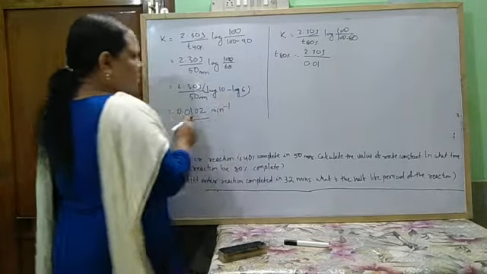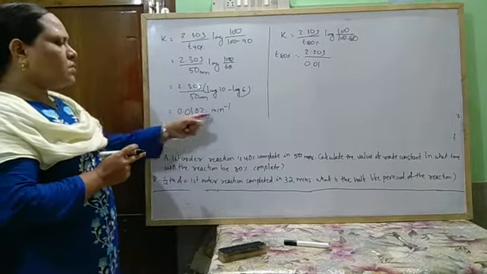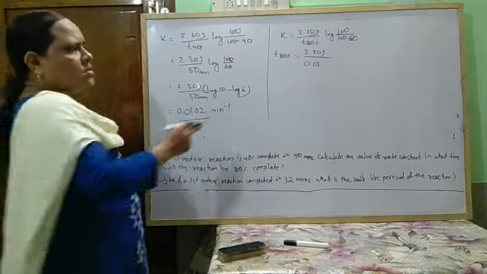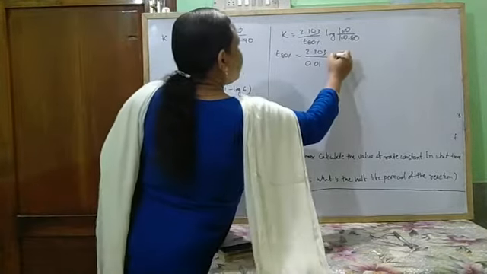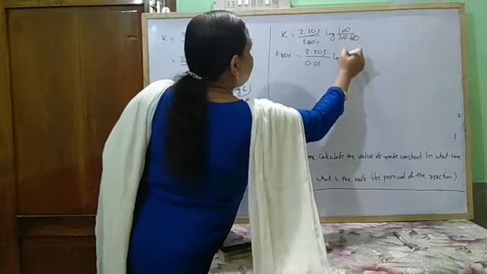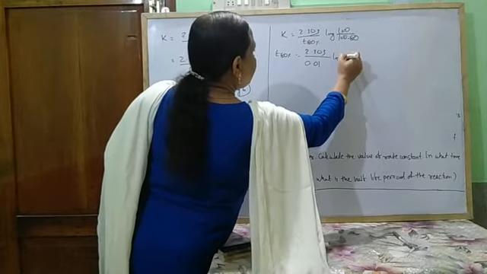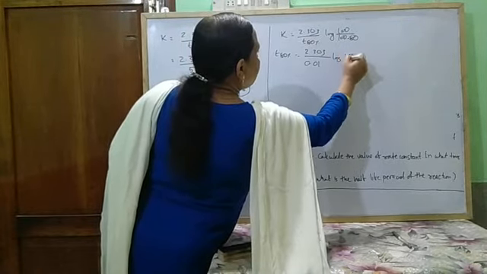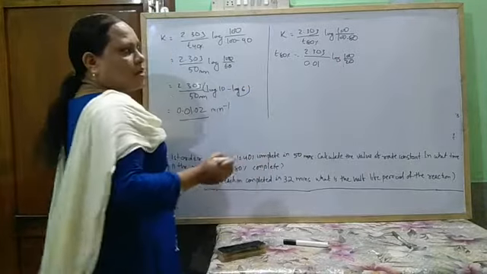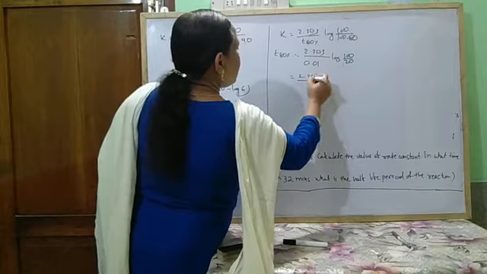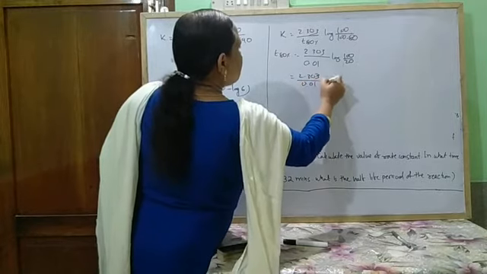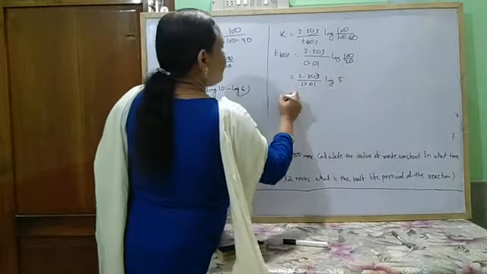To simplify, just put 0.01. And 100 by 100 minus 80 is 100 by 20, which equals 5. So 2.303 by 0.01 log 5.